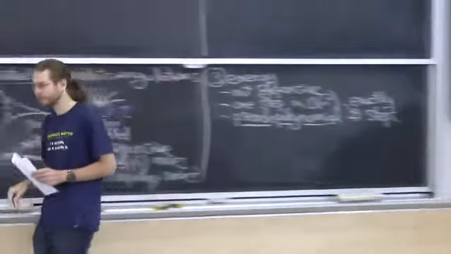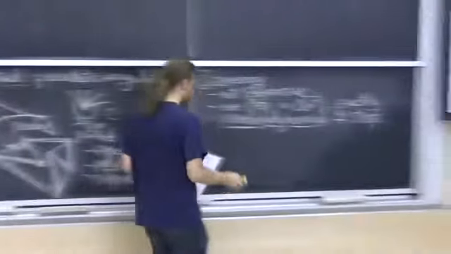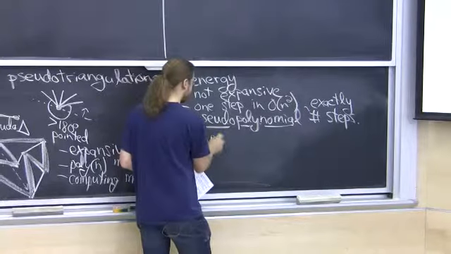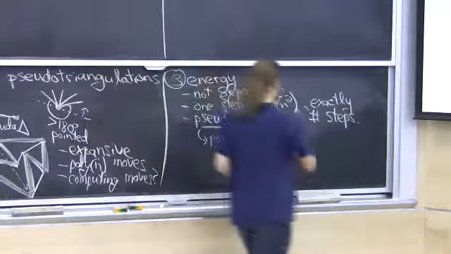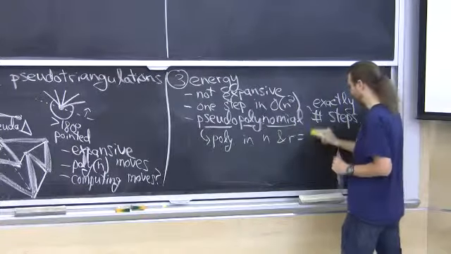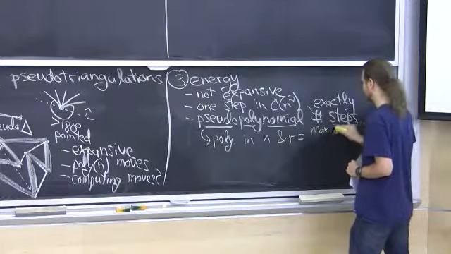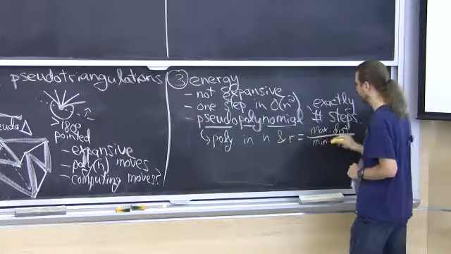Have I talked about pseudo-polynomial yet? Maybe briefly at some point. Let me tell you what I mean. I want to be polynomial in the number of vertices n and another parameter r. R is basically the maximum distance in your initial configuration divided by the minimum distance.